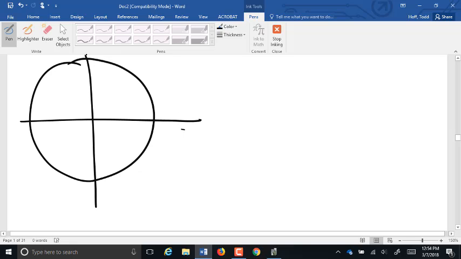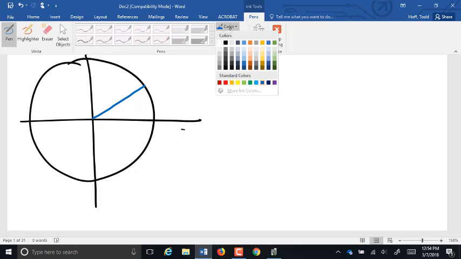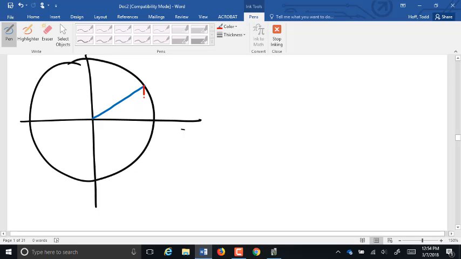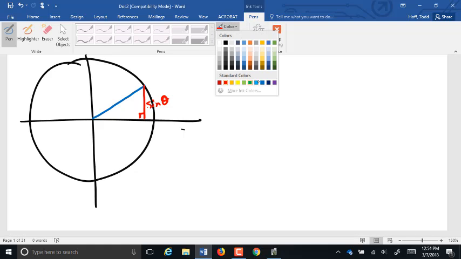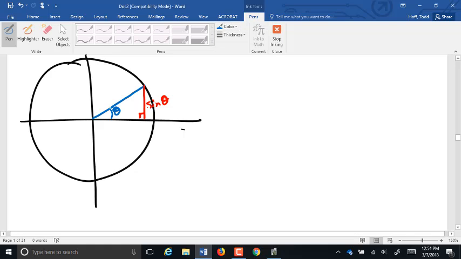Well, there are 4 triangles formed here when I put a specific angle on here. So let's put this angle on there. I have this triangle here where this is the sine of theta. Of course, this is theta. The length here is 1. That's just the radius. And then we're going to use this as the cosine.